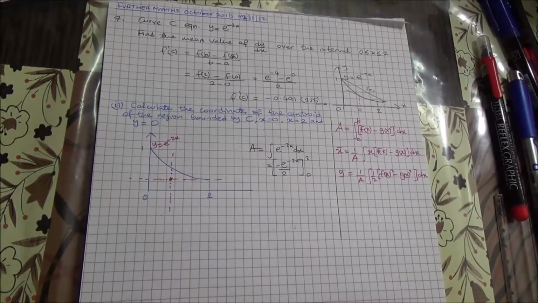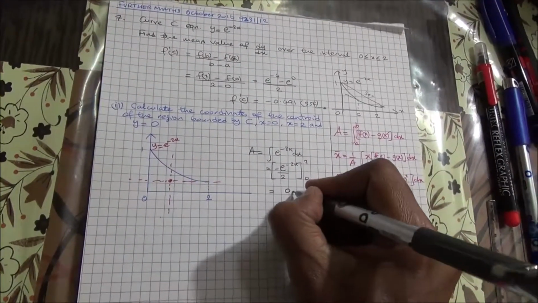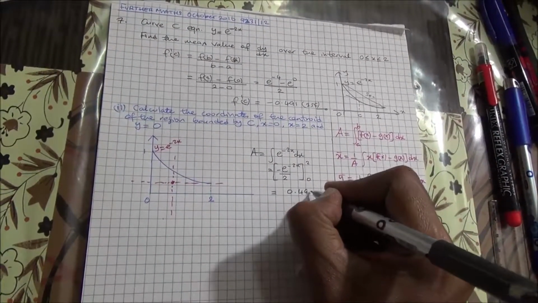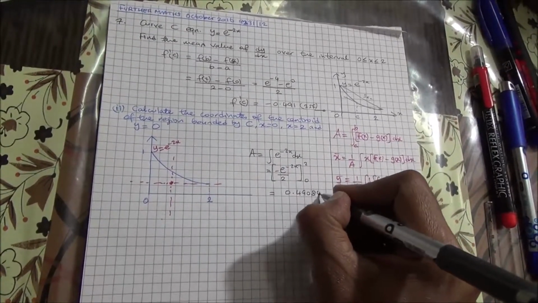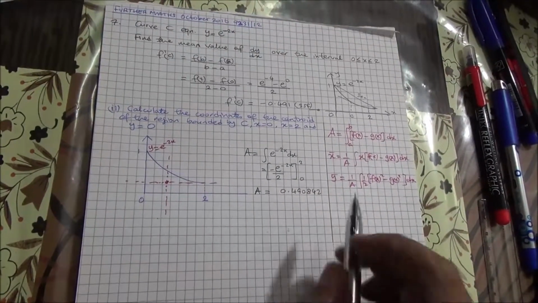Okay, and if you do that from your calculator, you're going to end up with 0.490842. Now that's the area, very critical, we need this.